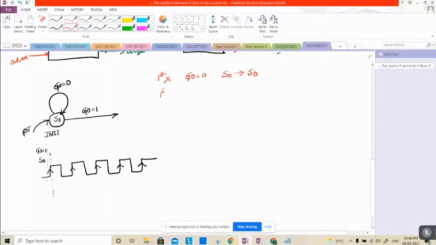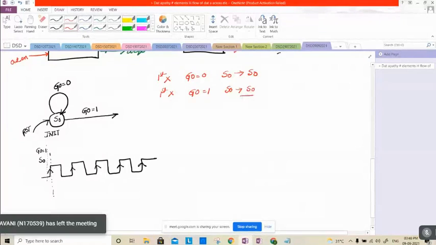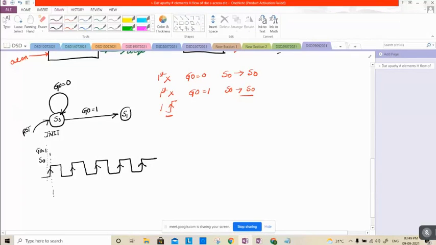Now suppose the first clock is not applied. If the go value is made 1, what will be the next state after S0? Yes, no. The clock positive edge, it would stay at S0 itself. There won't be any change in the state. So only when the first clock pulse, the first positive clock edge, is applied, we will be moving on to the next state, S1.